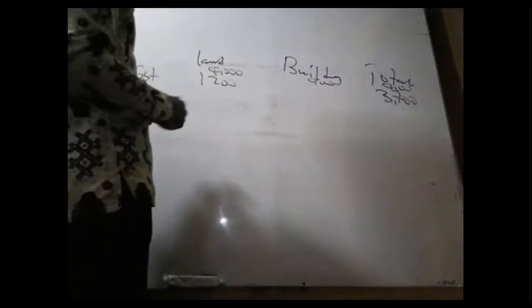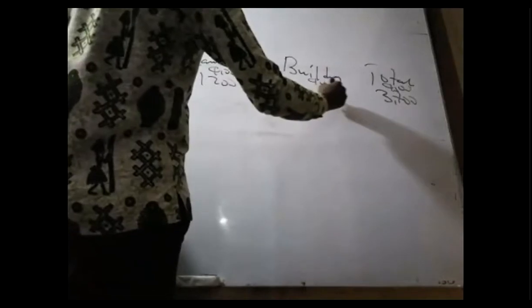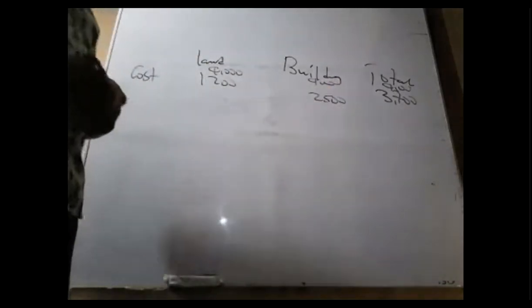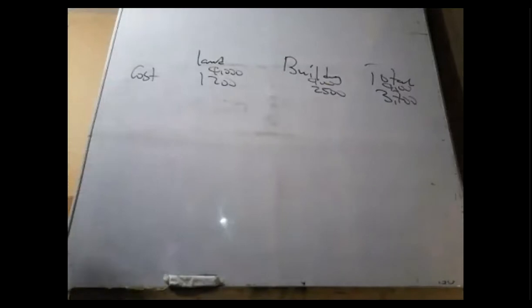In thousands, you'll be 1,200, and 3,700. And then this will be 2,500. So basically, that is it. Have you seen? Let's continue again quickly.